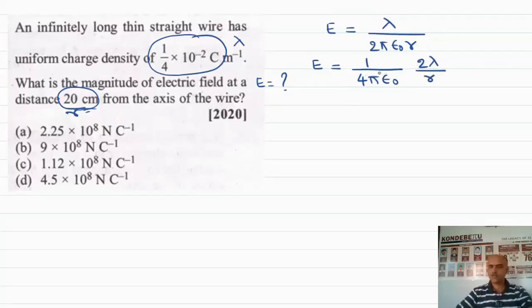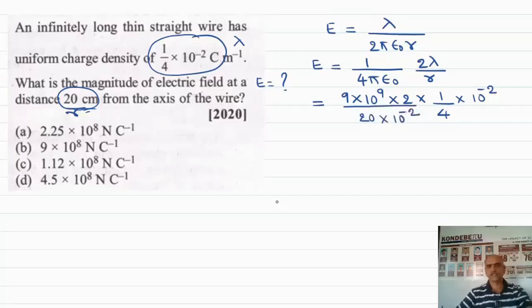Did you understand why I kept it like this? Because we know the value of 1/4 pi epsilon naught and it is easy to solve. So now substitute: 1/4 pi epsilon naught is 9 into 10 raised to 9. 2 lambda is 1/4 into 10 raised to minus 2. R is 20 centimeters, that is 20 into 10 raised to minus 2 meters.